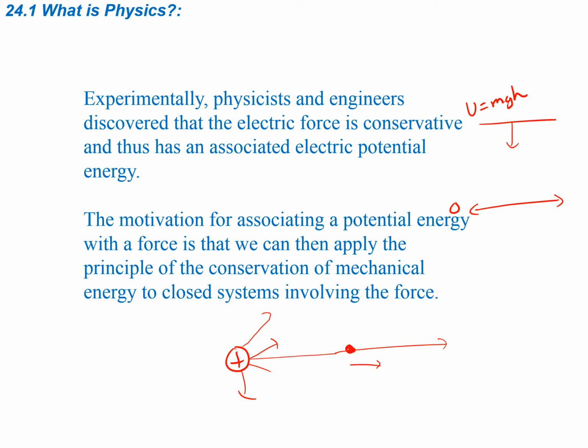So it has the potential of going away, some potential energy that's just going to increase as the distance increases. But if you try to push it towards the charge, you're going to end up doing some work because you're going against the electrostatic force. We'll look into this a little bit later as we start explaining these things.